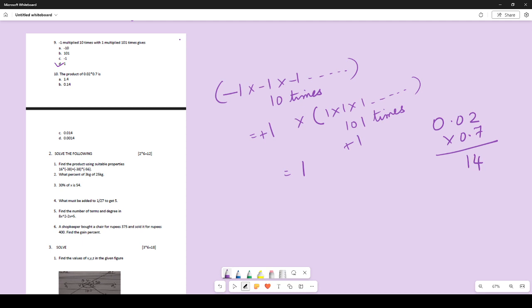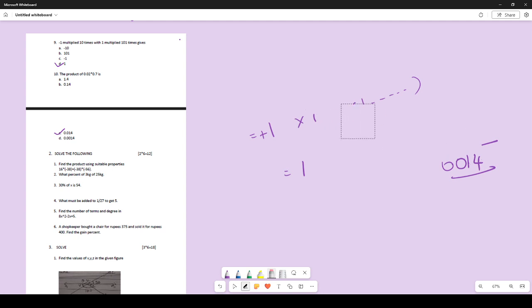So that makes sense. Here we have only 2 digits. So we add one more 0 and we get the answer. So the correct answer will be C option, 0.014. So that was that for the MCQs, and now let us move on to the other questions.